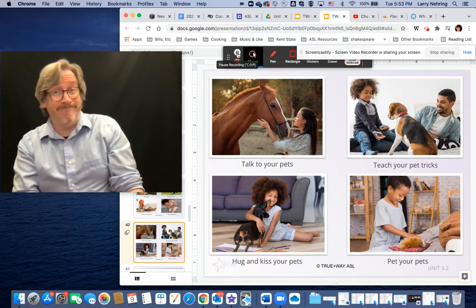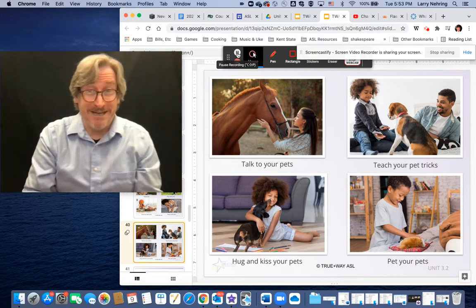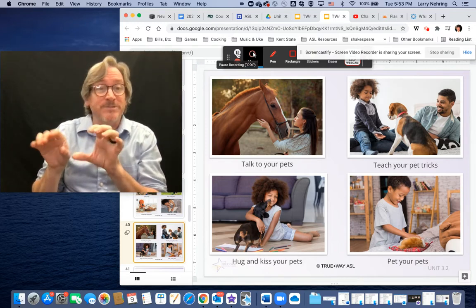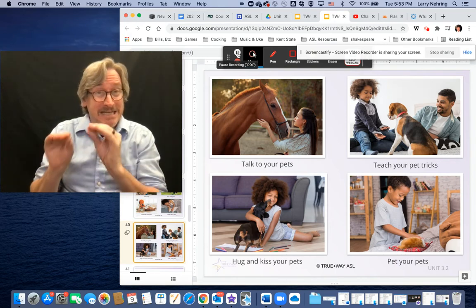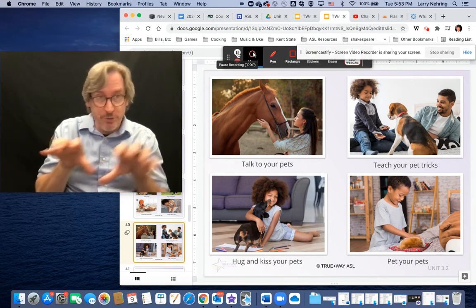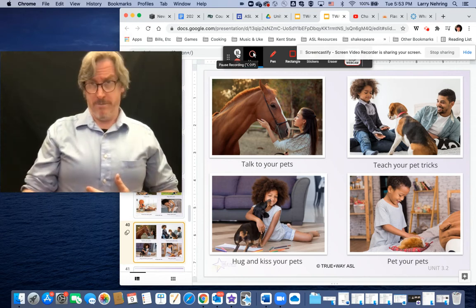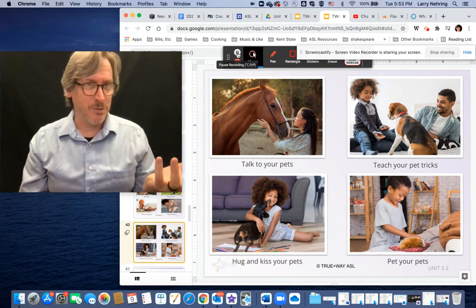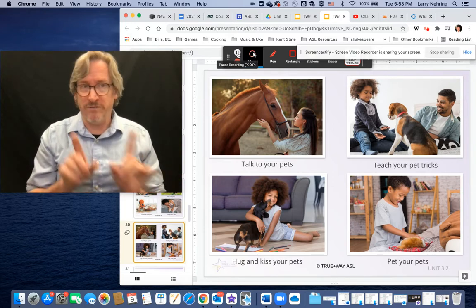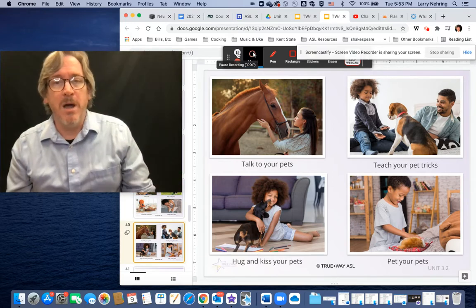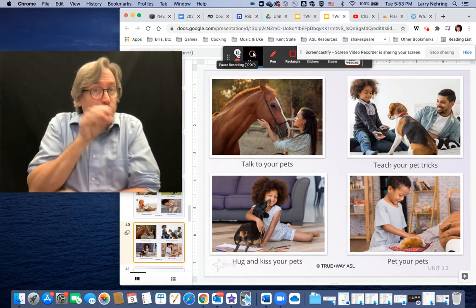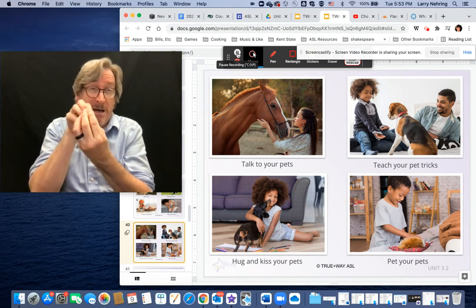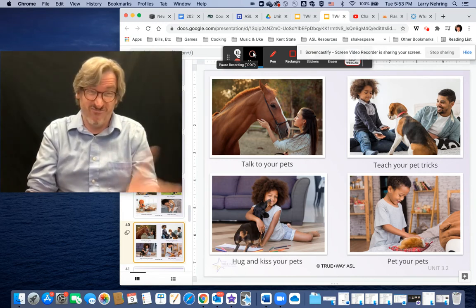Now, I have never seen a sign for teach your pet tricks. Teach them to do things, do. But I'm going to keep looking because there is nothing in the vocab that shows it. So what's the sign? Maybe you can find one hidden somewhere. Hug and kiss, hug, because I don't think you want to go mouth to mouth with your pet.